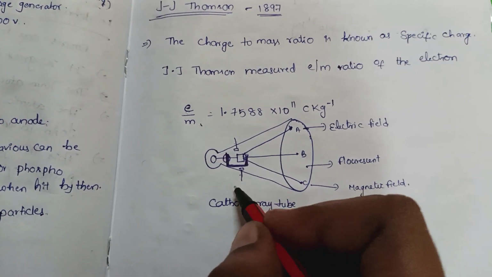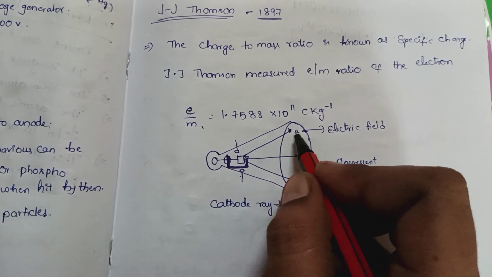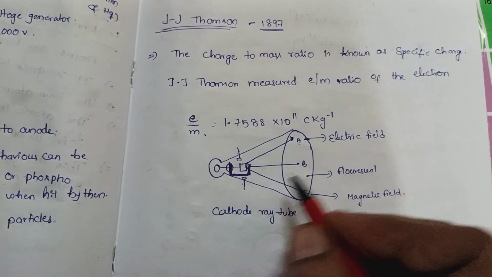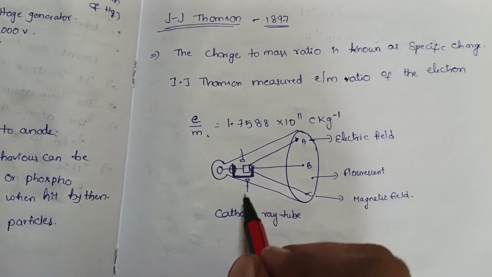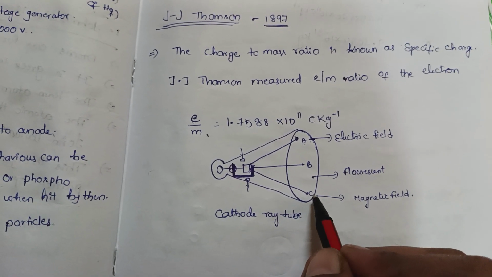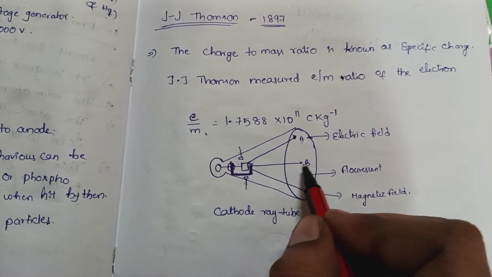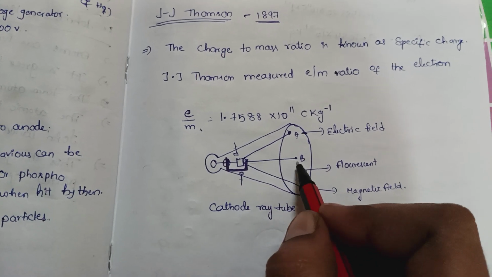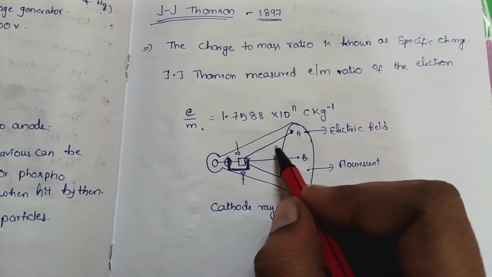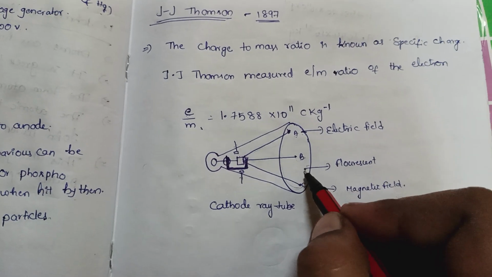Whenever an electric field is applied, the rays are deflected to place A, and whenever a magnetic field is applied, the rays come to point C. In the absence of electric field and magnetic field, they pass in a straight line, coming to point B. This is the fluorescent screen. Whenever rays come here, light will generate, because this is fluorescent.